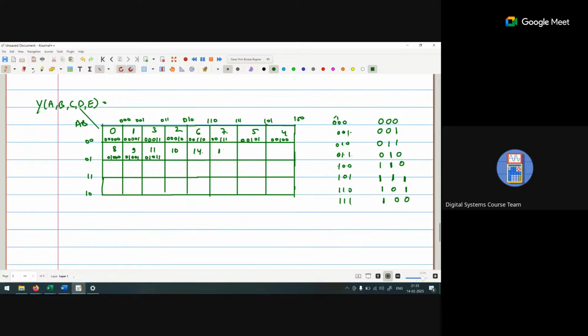Then 14, 15, 13, 12, 16, 17, 19, 18, 22, 23, 21, 20.